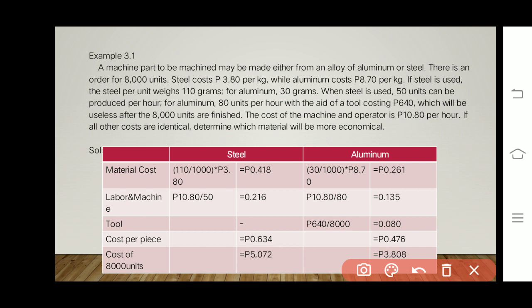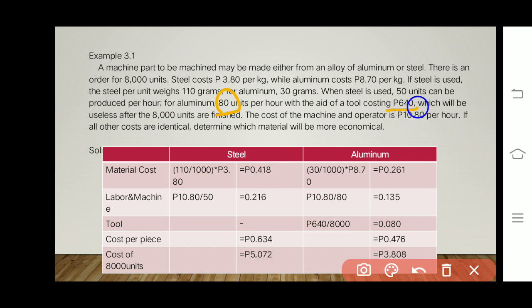So, kapag steel daw yung gagamitin, sa isang unit, ang magagamit mong steel is 110 grams. So, sa aluminum naman, 30 grams lang. So, kapag naman daw steel ang ginamit, 50 units yung kayang ma-produce kada oras. So, while for aluminum, 80 units per hour yung kayang i-produce.